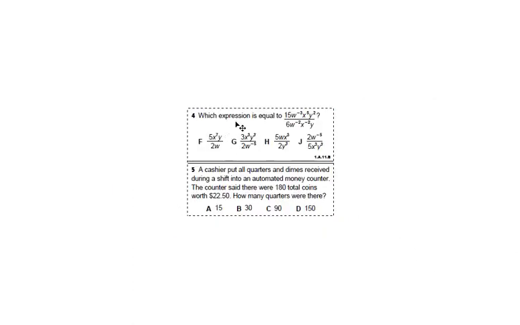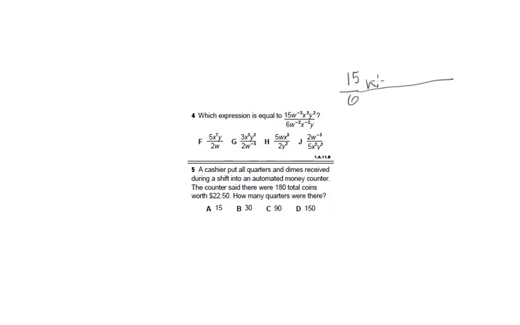Okay, number 4, we've done this one before on a quiz. We need to think about this 15/6. I've seen people kind of separate these, which is a great idea.